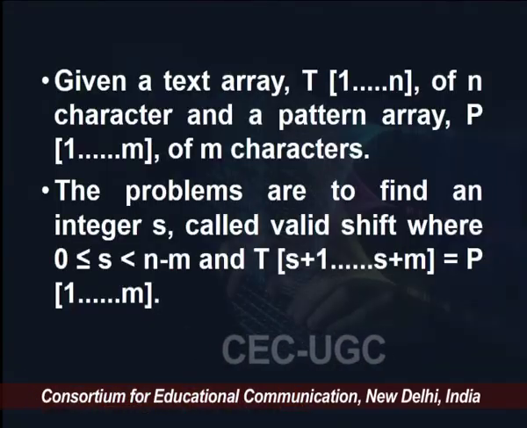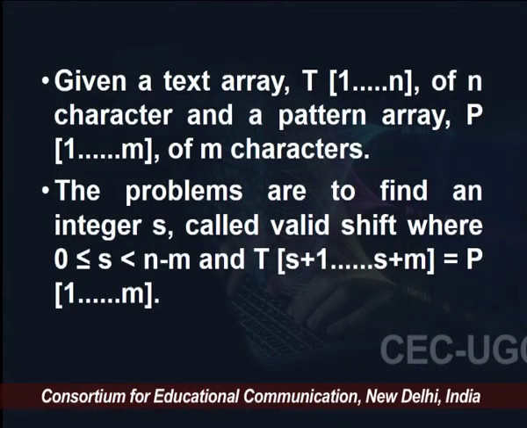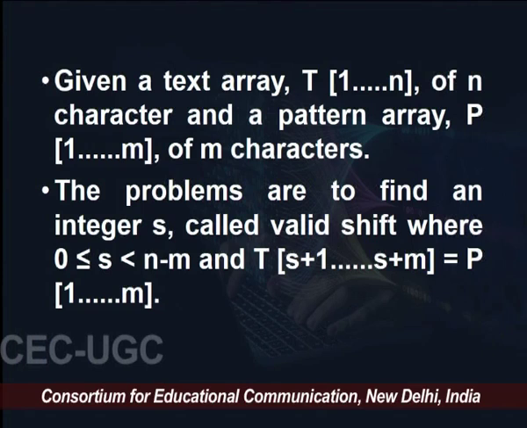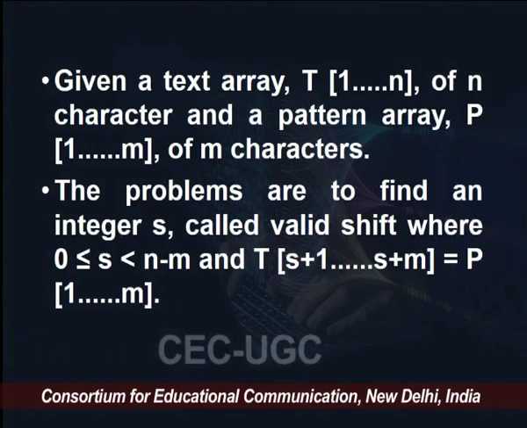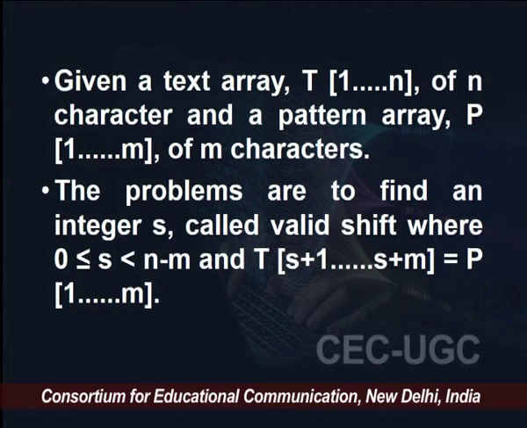Let us first try to understand the problem from an implementation point of view. Till this point we have understood what is to be done inside this string matching algorithm, but now the next question which comes up is how it is to be done. Let us say we are given an array named T, because we named it text. T has the characters from 1 to n, that is, the size of T is n.